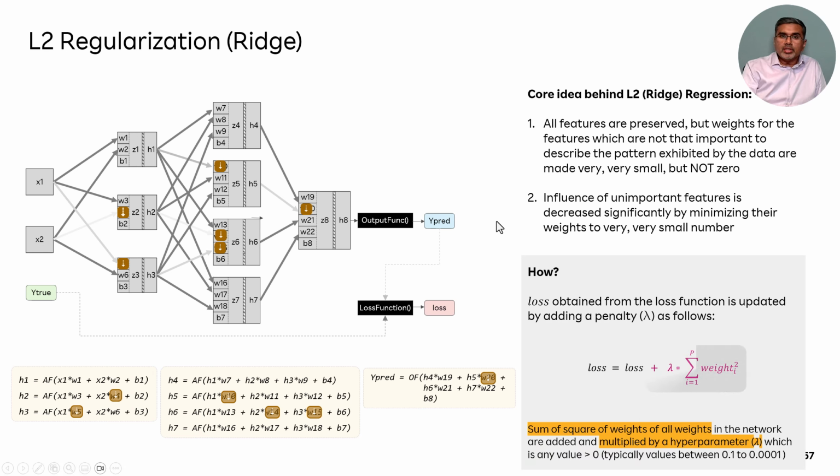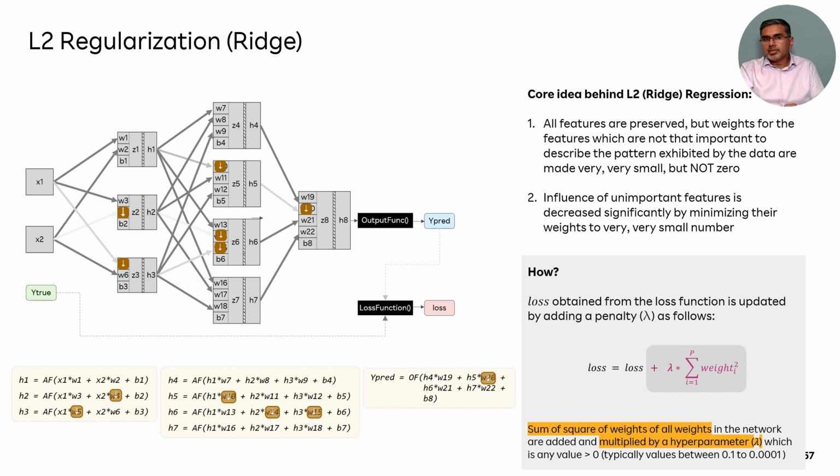And the way the formula changes for L2 regularization is you essentially take the square of all the weights, every single weight in every neuron in every layer. You take all the weights, you square them, you add them up, and you multiply it with the same hyperparameter called lambda, which is again a positive value, typically 0.1 or so on. With L1, you saw it was basically adding up the absolute value of the weights. With L2, you add up the square of the weights and multiply, in both cases, with the lambda.